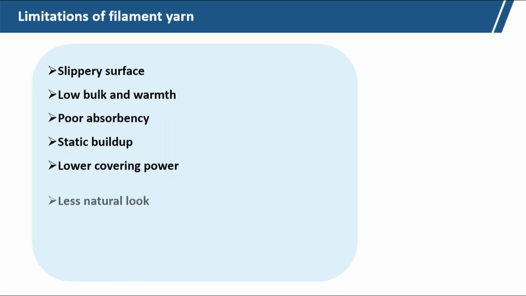So, for the same mass per unit area, the filament yarn will result in a low cover factor. Less natural look, because of softness and natural feel. This will give a synthetic look.